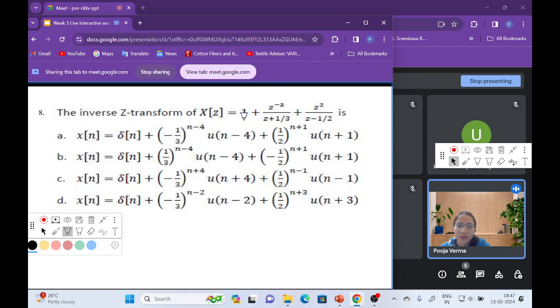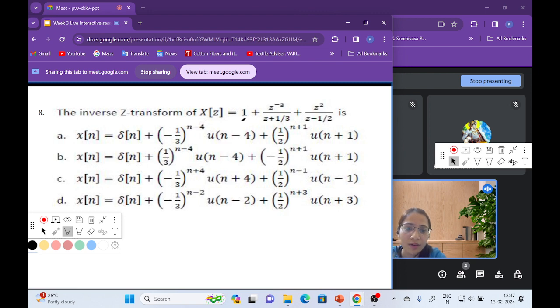Okay, as you know, the inverse z transform of 1 is del of n. So x of n will first be del of n. And what will be the inverse z transform of this part? So just solve it. Z to the power minus 3 times z plus 1 by 3.